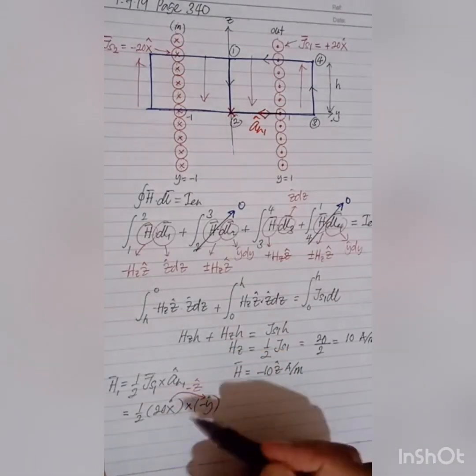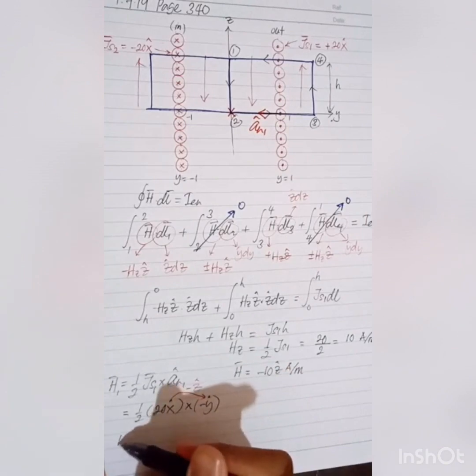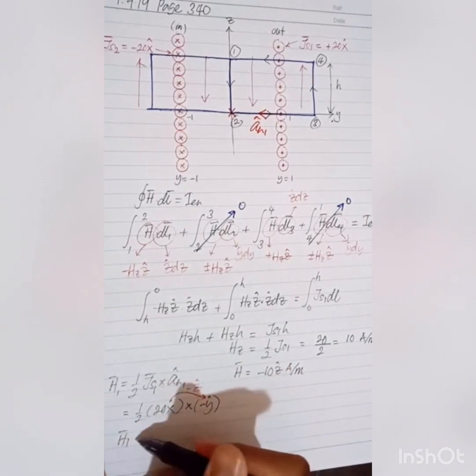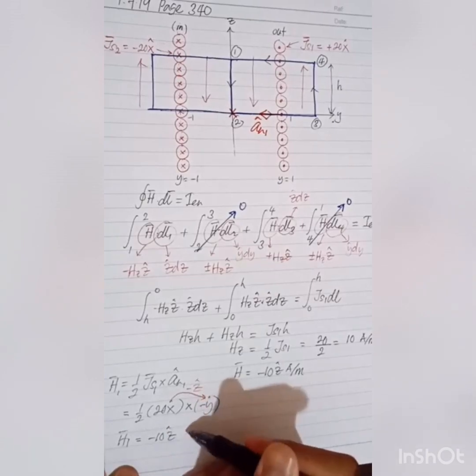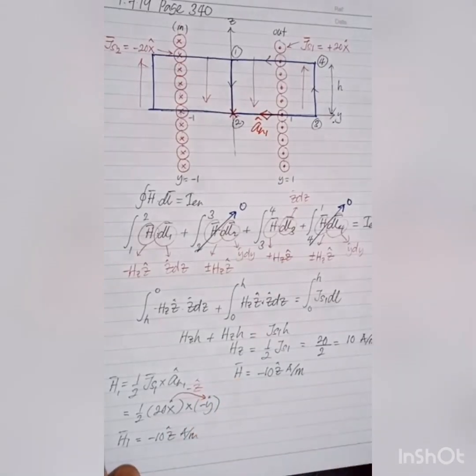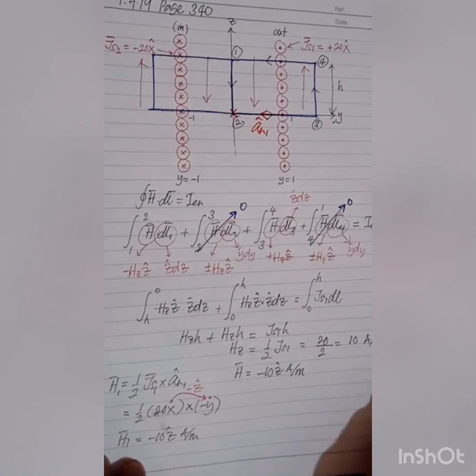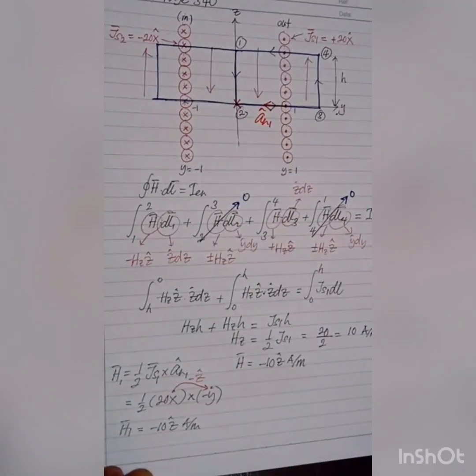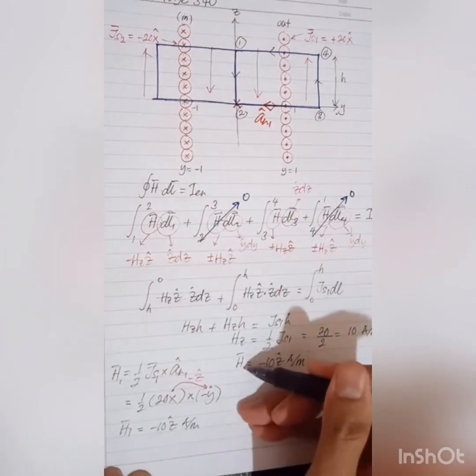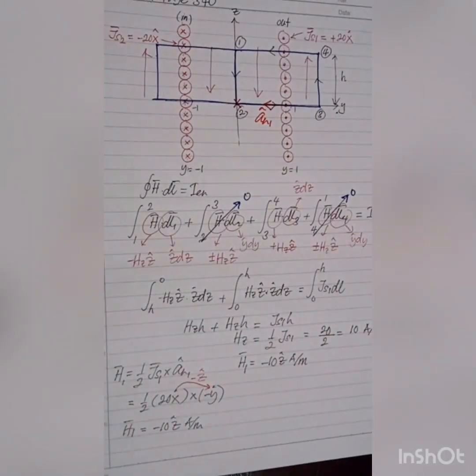So finally the H that is due to the first current equals negative 10 Z ampere per meter, exactly the same as shown previously using the other method. So again this H1 is negative 10 Z ampere per meter.